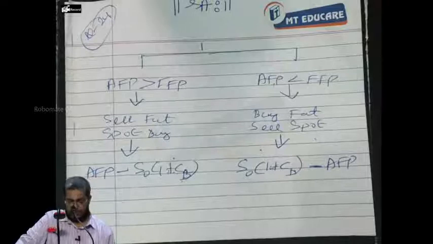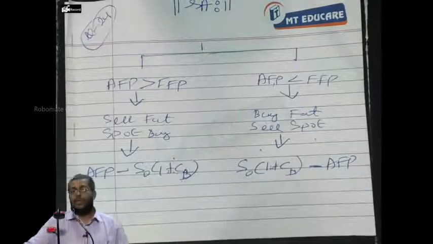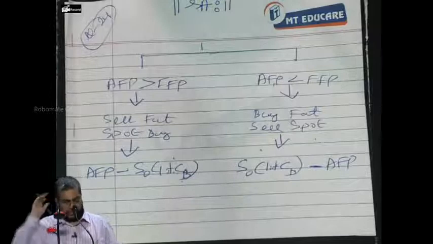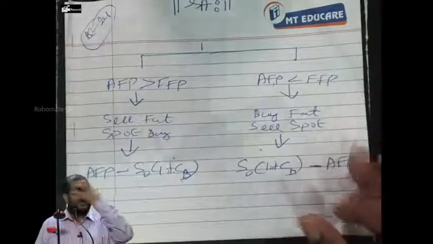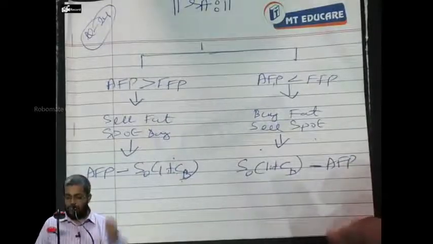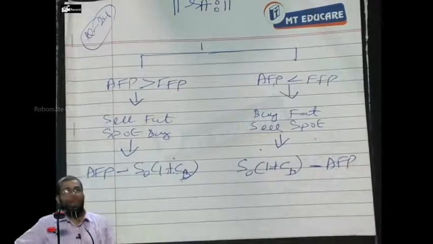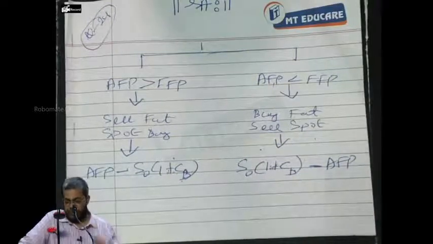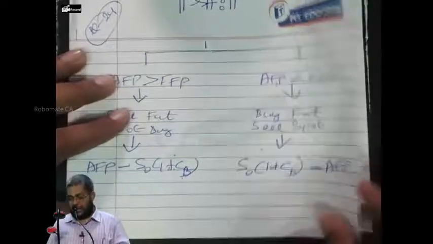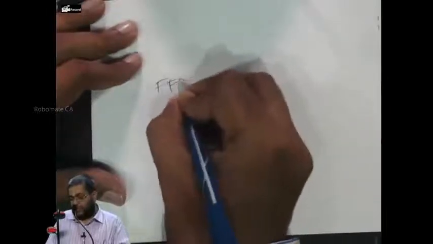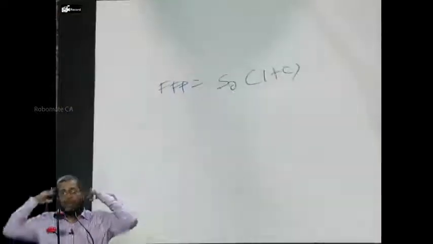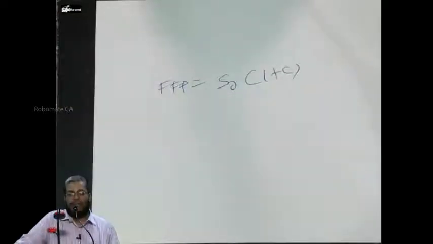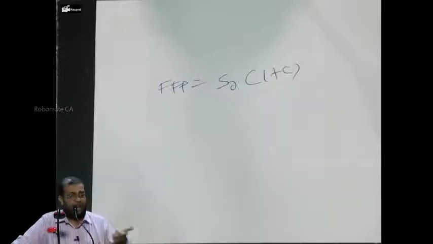Point number 1. Till now, we saw that fair futures price is equal to spot price into 1 plus C. Seeing the carry, it can be a carrying cost or carrying benefit, whether I sell at spot or buy at spot.